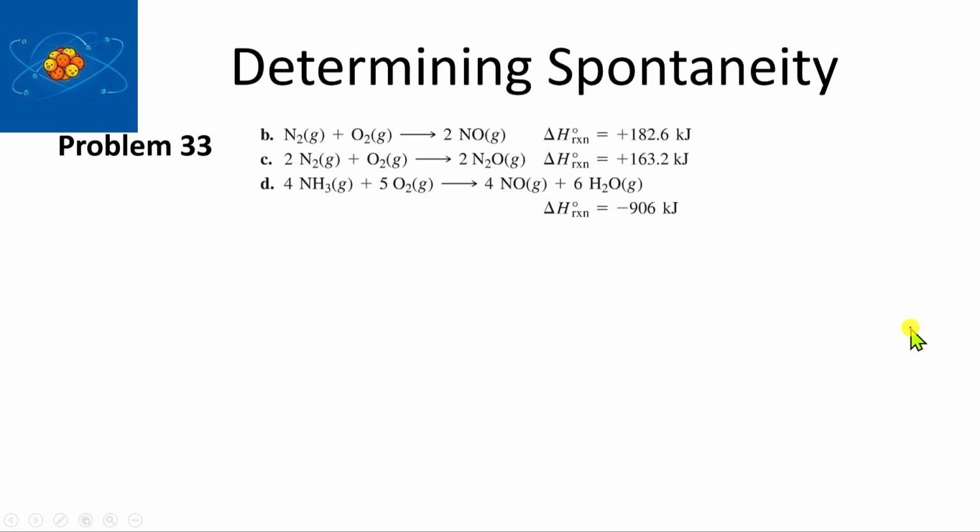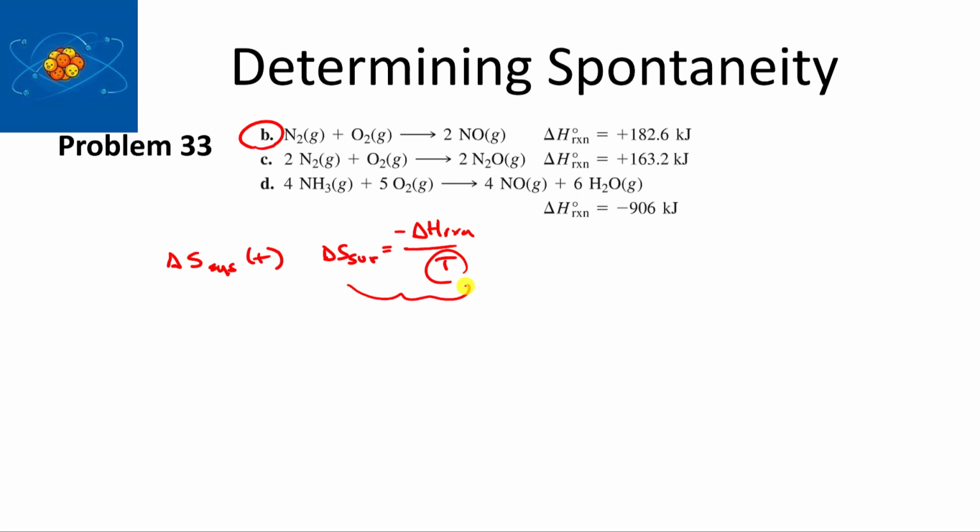So I want to lay that out a little more cleanly. I realize, after the fact, that I could just probably make another slide. For B, I know delta S of the system is positive, which favors entropy. And then delta S of the surroundings is equal to negative delta H of the reaction divided by T. As temperature increases, this term becomes less important at high temperatures.